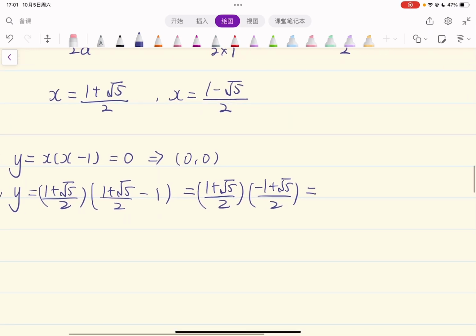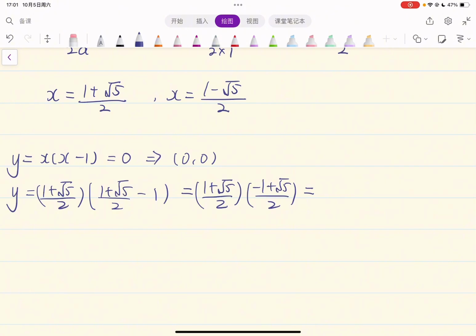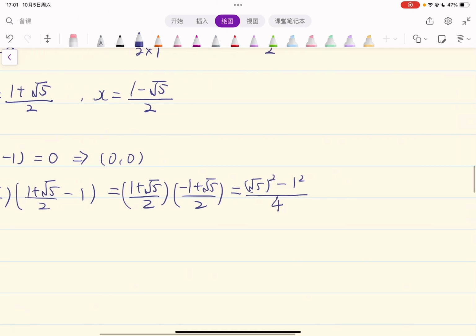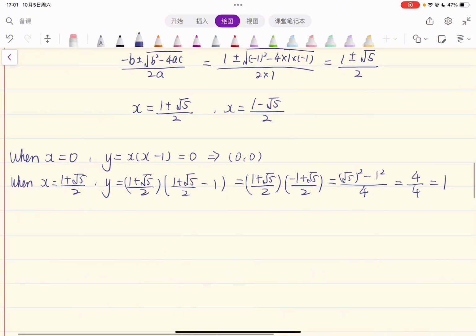Thus, we can do that minus 1, that is square root of 5 squared minus 1 squared over 2 times 2, that is 4, which equals (5 minus 1) over 4, so 4 over 4 equals 1. Thus, we get the point ((1 plus square root of 5) over 2, 1). That is the second one.